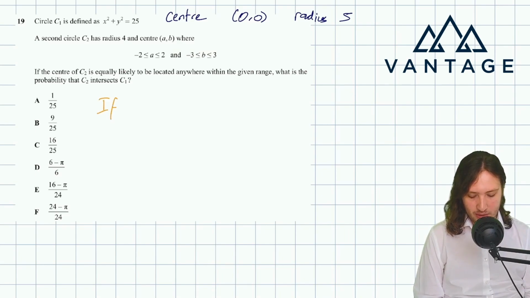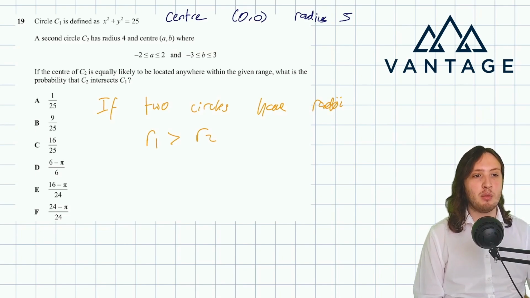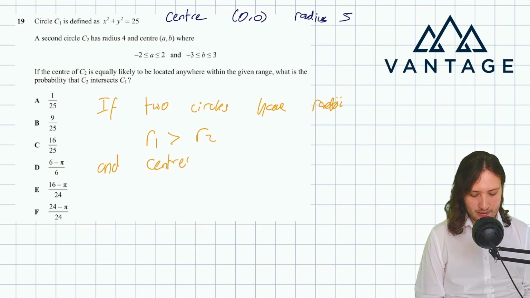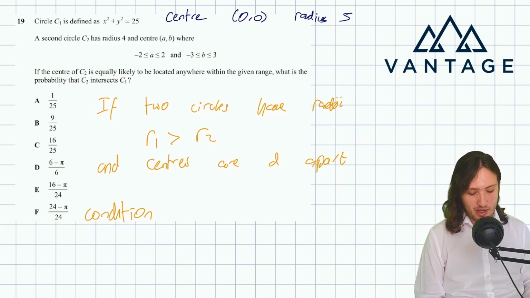So if two circles have radii, let's say R1 and R2, and I'll choose to label it so that R1 is the bigger of the two, and the centres are D apart, then the condition for intersection, so I'd recommend memorising this, and I won't go through the full derivation of it here, you can see the primer course for that, but I will just briefly outline where it comes from.